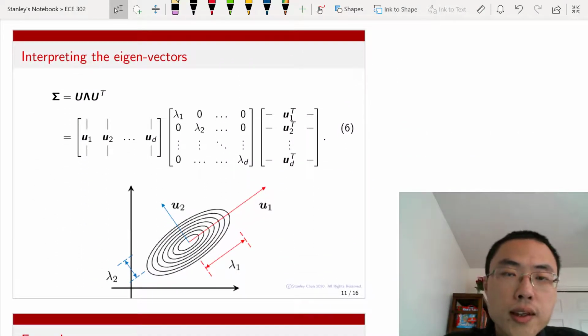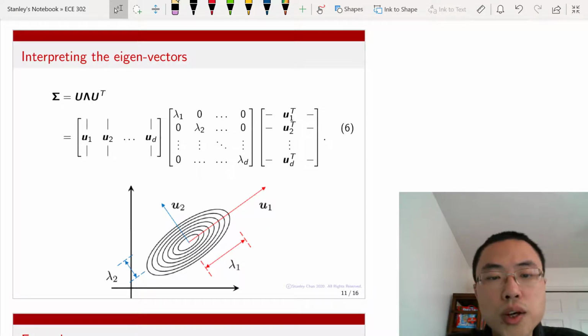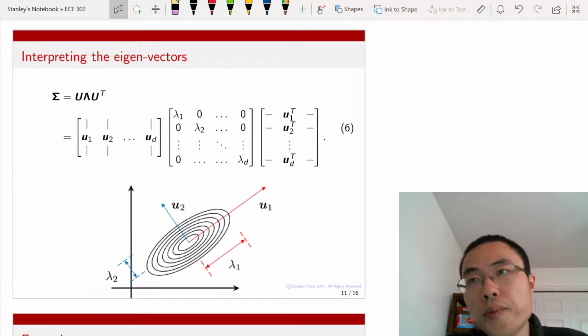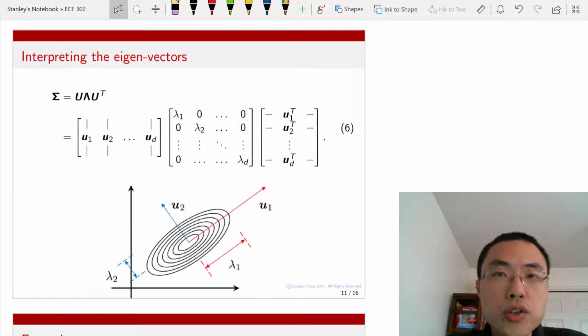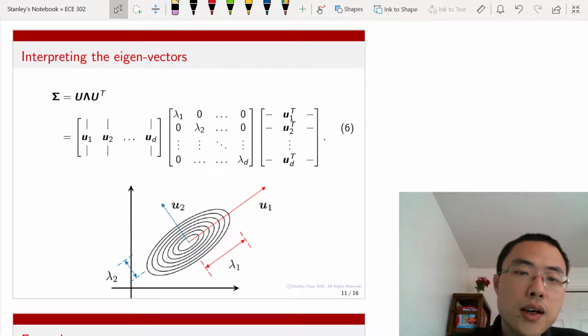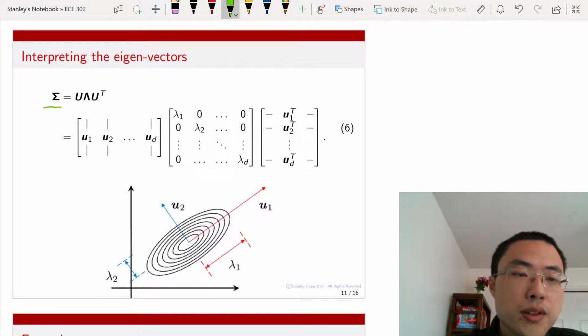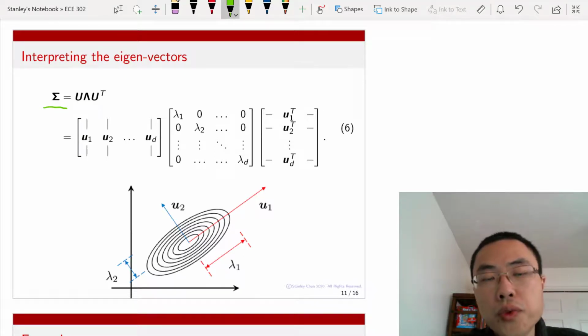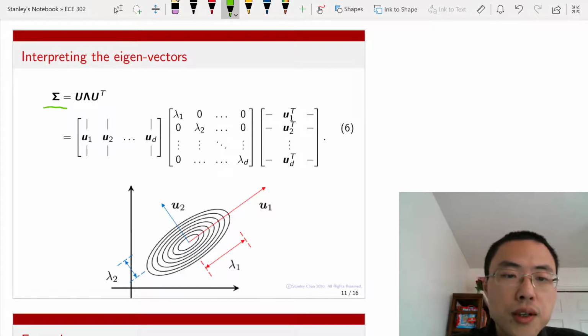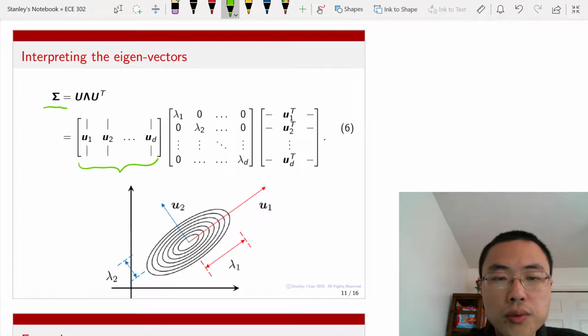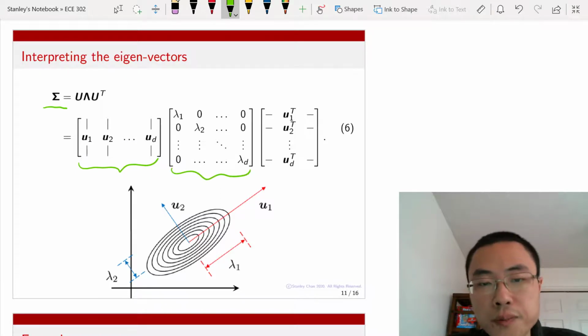So knowing the eigen decomposition, we ask, can we address the problem of the shape of a Gaussian? The answer is now yes, we can do it. If I give you the covariance matrix sigma, and then you run the eigen decomposition, then you will be able to obtain all these U, and all these lambdas.